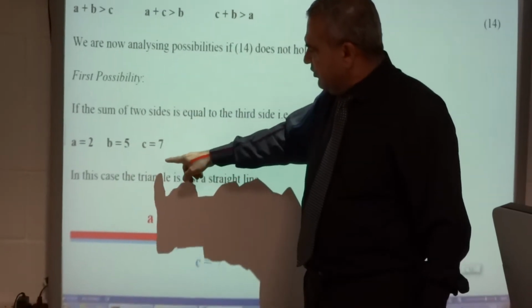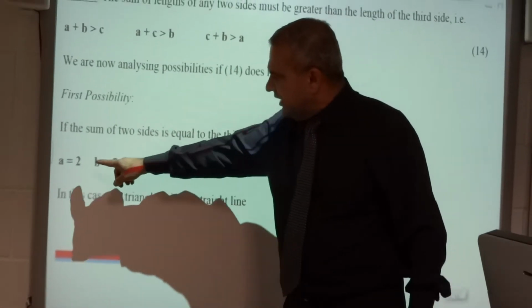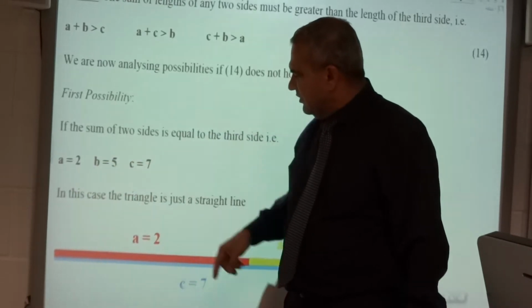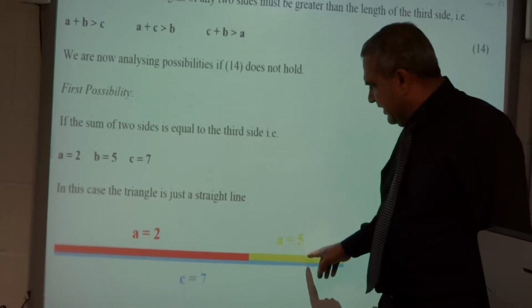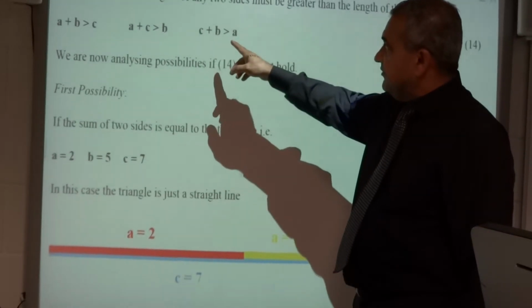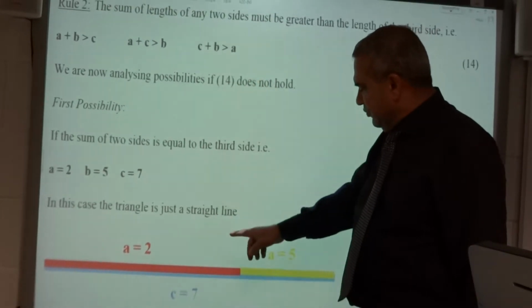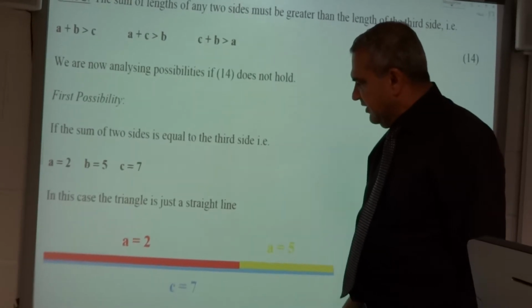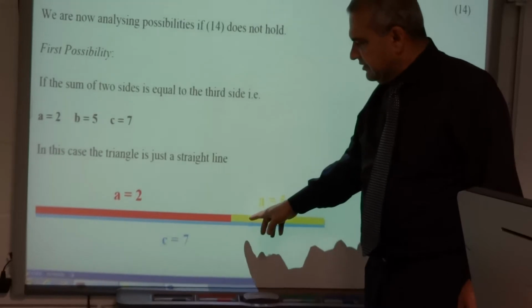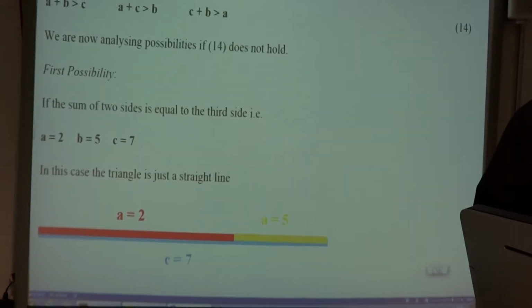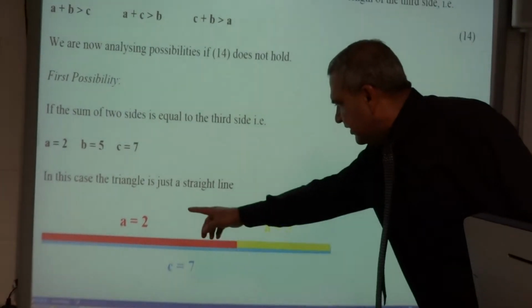So now if I have a triangle where A equals 2, B equals 5, C equals 7, then the triangle looks like this. Although it's not satisfying the rule, because 2 plus 5 is not greater than 7, the triangle looks just like a straight line, going here and then coming back.